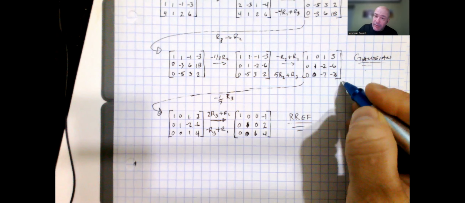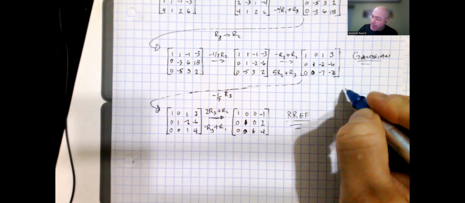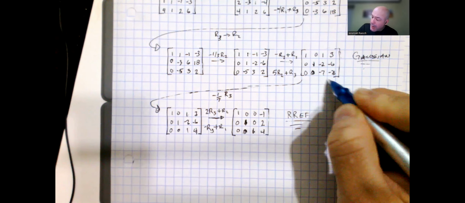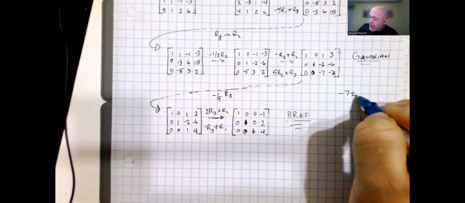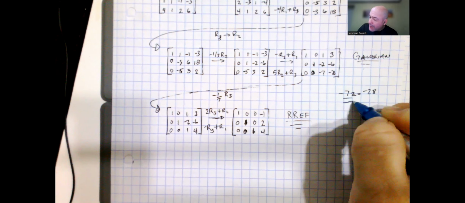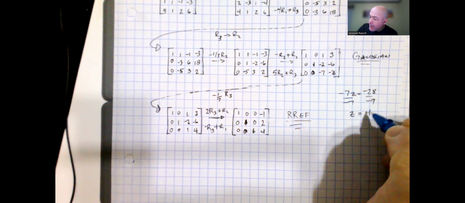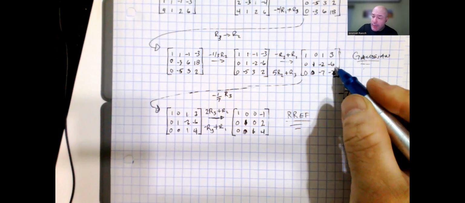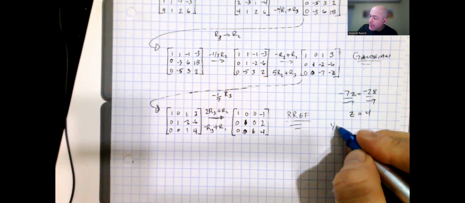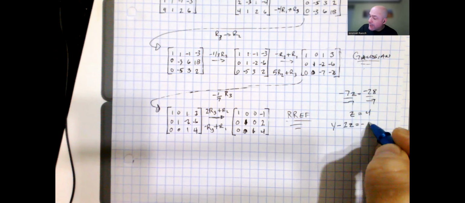If I took it from this, assuming that we were doing Gaussian elimination, I would start backsolving and say, look, I have negative 7 times z equals negative 28. So I'm going to divide both sides by negative 7, and that gives us that z is equal to 4. Going back to the next equation, I have y minus 2 times z is equal to negative 6.